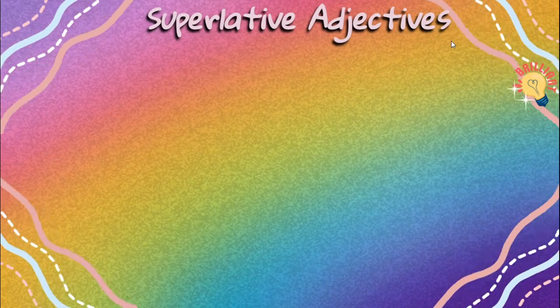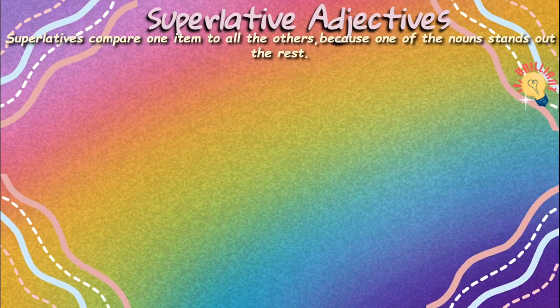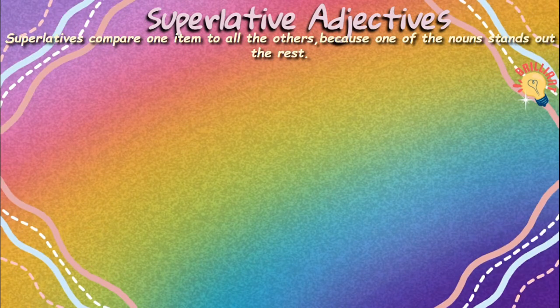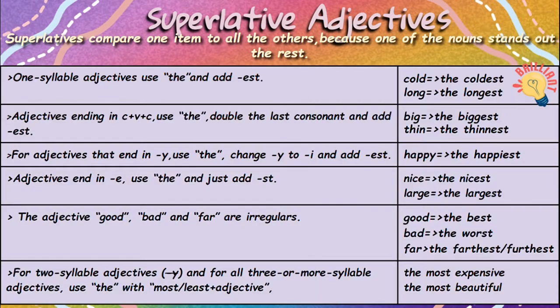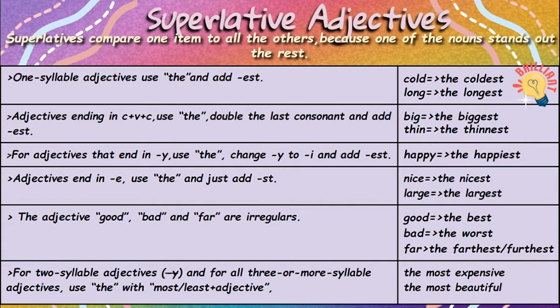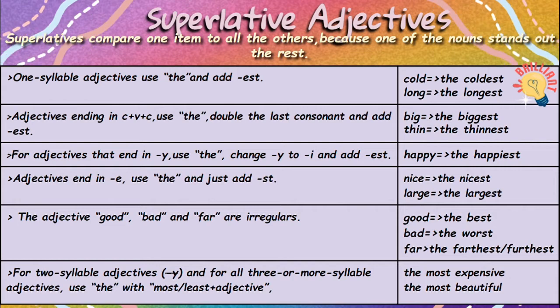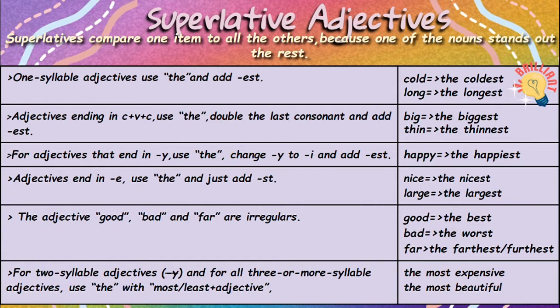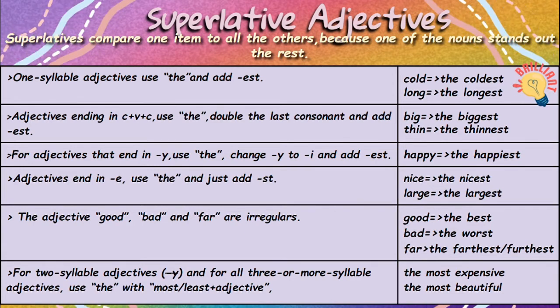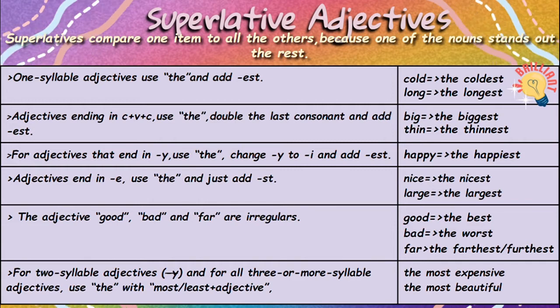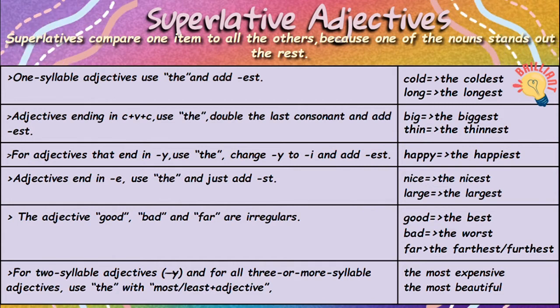Superlative adjectives. Superlatives compare one item to all the others because one of the nouns stands out from the rest. And here you have the rules to form superlatives. One-syllable adjectives use the and add est termination. For example, cold, the coldest, long, the longest. Adjectives ending in consonant plus vowel plus consonant use the word the, double the last consonant and add est.